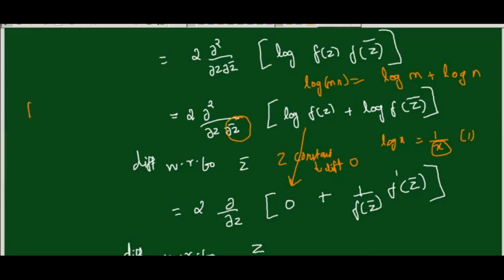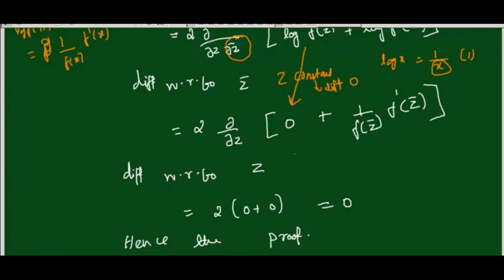Generally, what is f of x differentiation? f dash. Log f of x differentiation is 1 by f of x into f dash of x. The same thing here: 1 by f of z bar into f dash of z bar.